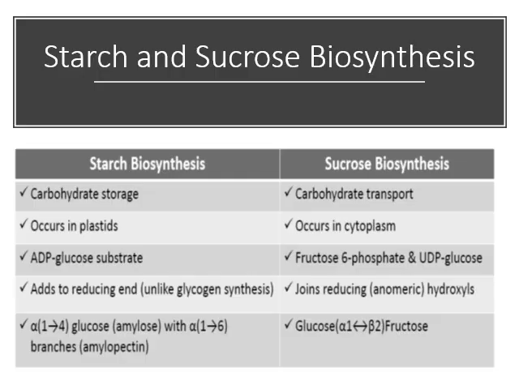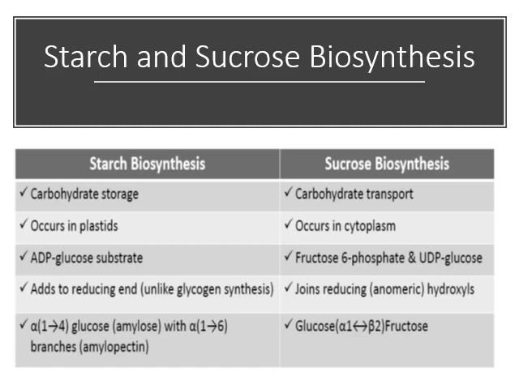So this is the summary comparison of starch and sucrose biosynthesis, and you can compare the two very easily here. Starch is the principal storage carbohydrate, whereas sucrose is the principal transport form of carbohydrate.